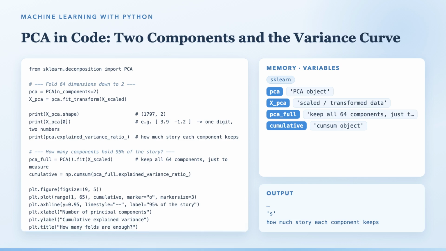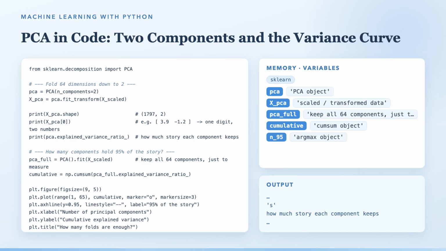Next, pca_full fits all 64 components, just to measure, and np.cumsum adds those ratios up into cumulative. We plot that curve across 64 ticks, draw a dashed line at 0.95, and finally np.argmax finds where the curve first crosses 95%, plus 1 gives us n_95.